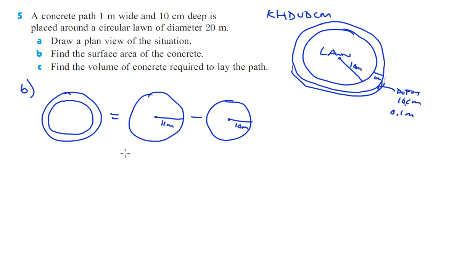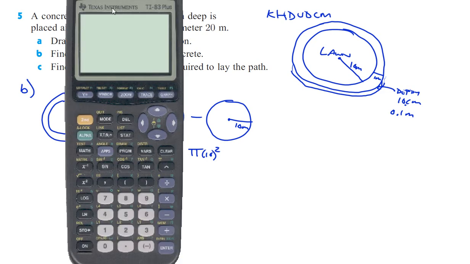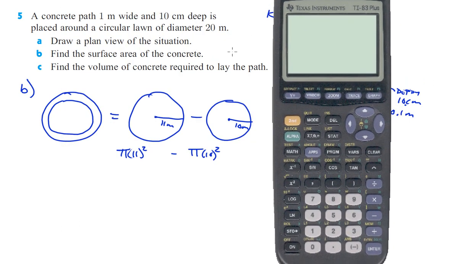So the area is pi times radius squared, in this case pi times 11 squared, minus pi times 10 squared. So we're just going to figure out what those are, subtract them from each other, and that should be the surface area of the concrete.